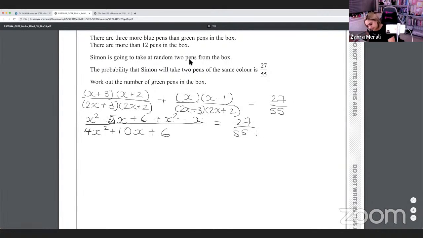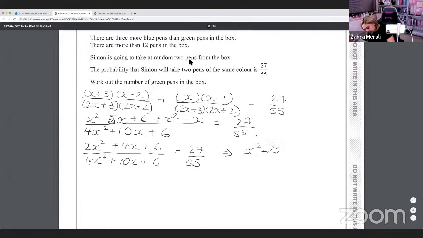All right, so we simplify that. We've got 2x squared plus 4x plus 6 over 4x squared plus 10x plus 6, equals 27 over 55. We can divide it by 2, so we'll get x squared plus 2x plus 3 over 2x squared plus 5x plus 3 equals 27 over 55. Still really big numbers.